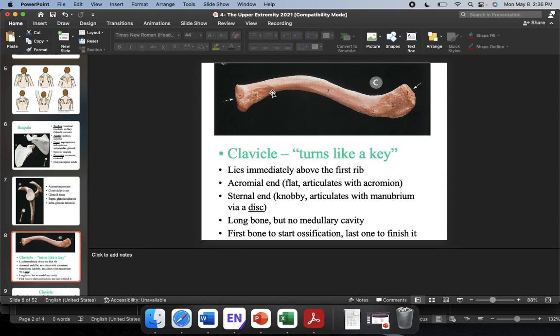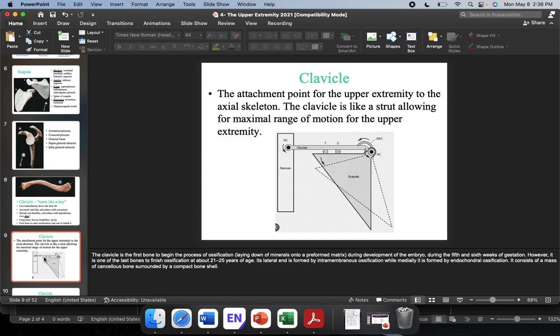As a side note, the clavicle is also interesting because it undergoes both intramembranous and cartilaginous ossification at different respective ends. So a lot of cool things going on with the clavicle.